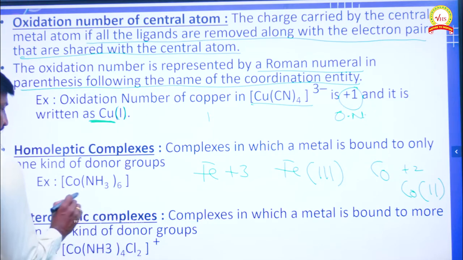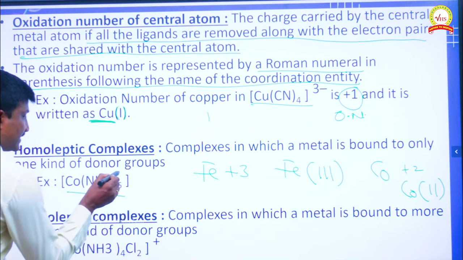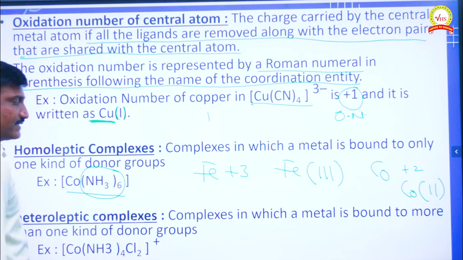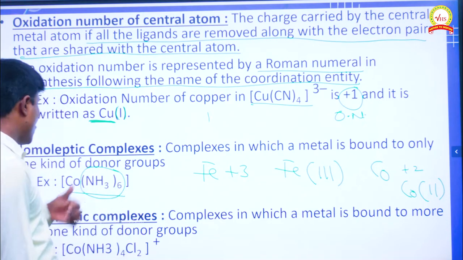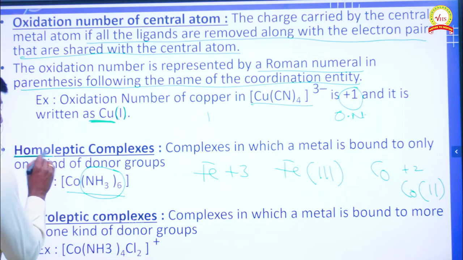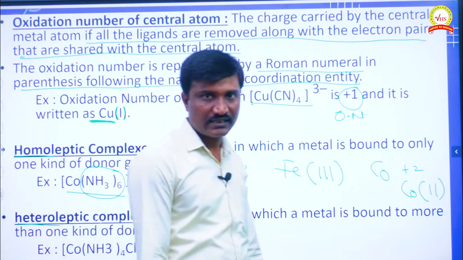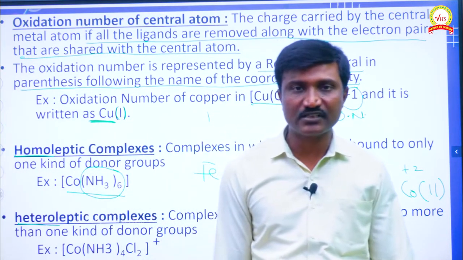And if a complex compound contains the same type of ligands, with no other ligands, then we call it homoleptic. Homo means same, hetero means different. If the same type of ligands are present, we call it a homoleptic complex compound.